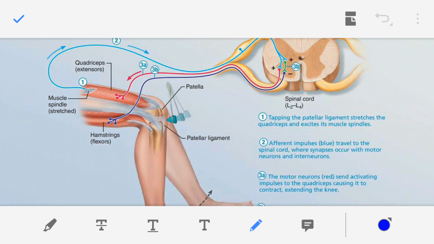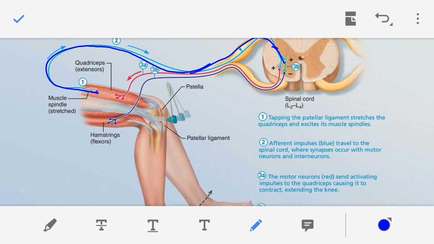Now from this muscle spindle, as you can see with the blue color, this is the sensory neuron, and this sensory neuron is sending the afferent impulse to the spinal cord. So now the nerve impulse reaches the patient's spinal cord.